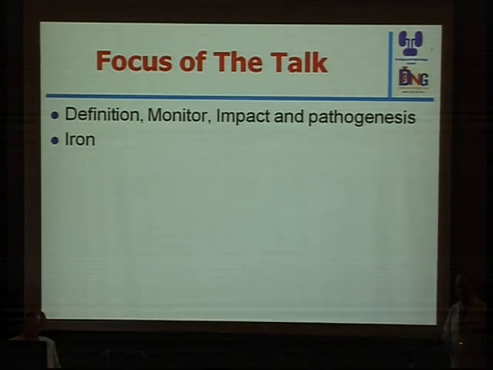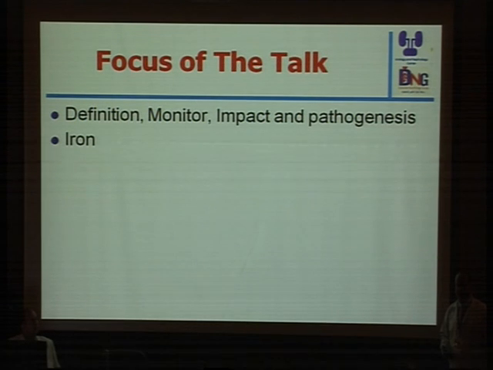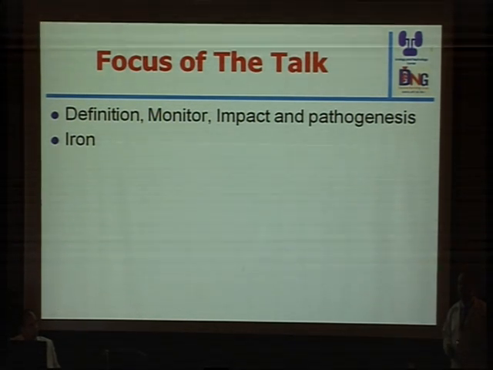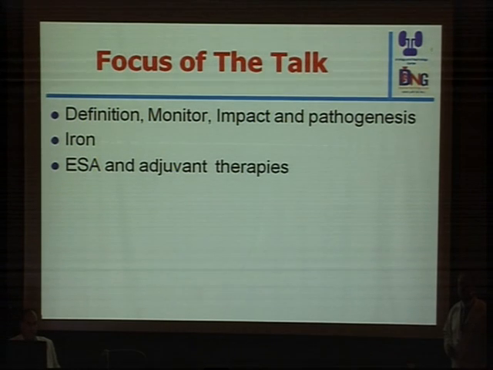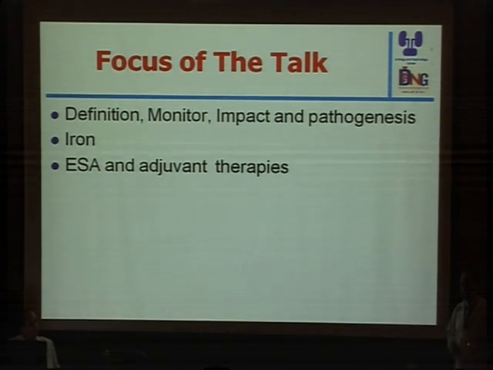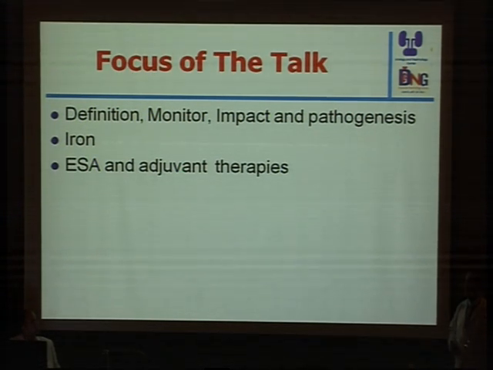Then I'll summarize the treatment strategies that we have in the management of anemia in chronic kidney disease. Principally, iron therapy, and then ESA. ESA means erythropoiesis stimulating agent, because we have short, intermediate, and long-acting drugs belonging to this group.